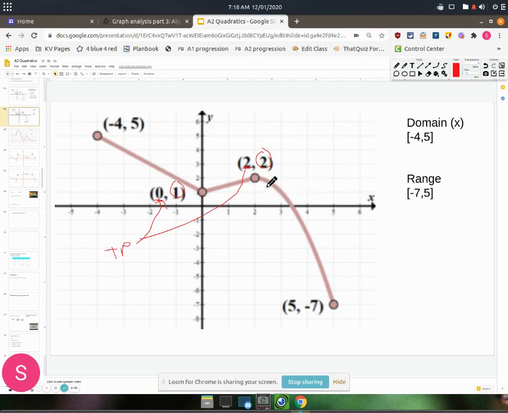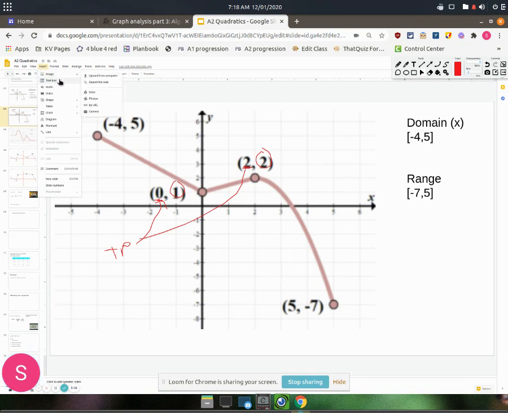All right. And then I guess as far as your increasing and decreasing, yeah, I can go ahead and mention that real quick. So as far as our increasing and decreasing goes, it decreases from -4 until it gets to 0 right here.